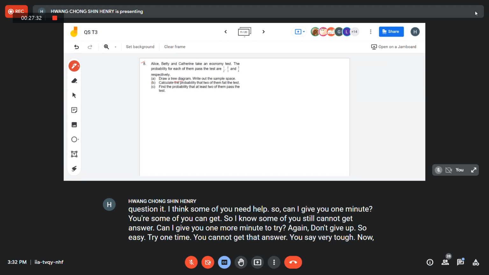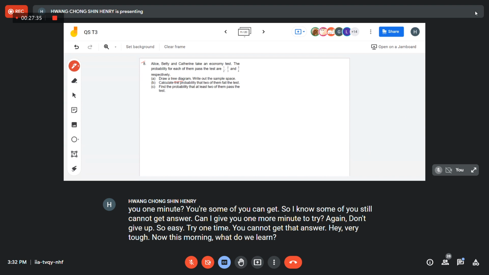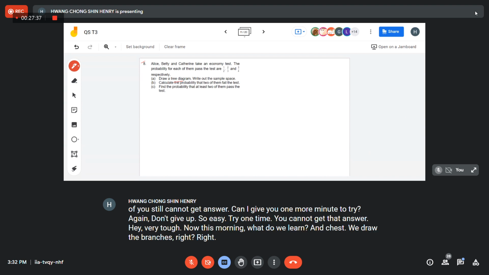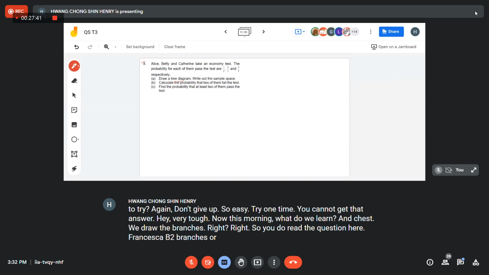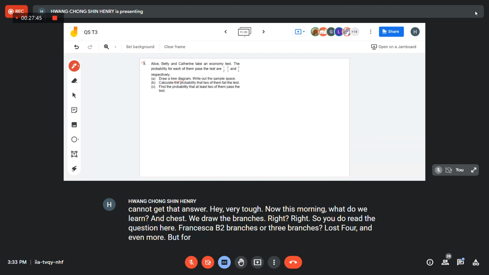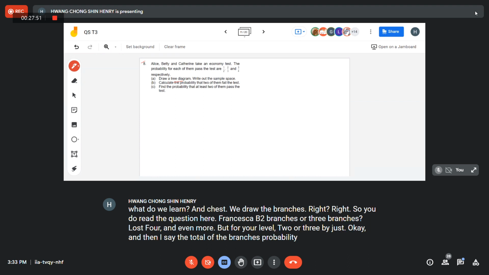Now this morning, what do we learn? Branches. We draw the branches, right? Right. So you do read the question here. The branches can be 2 branches or 3 branches, or 4 and even more. But for your level, 2 or 3 branches. Okay. And then I say the total of the branches probability must equal to 1. Okay.